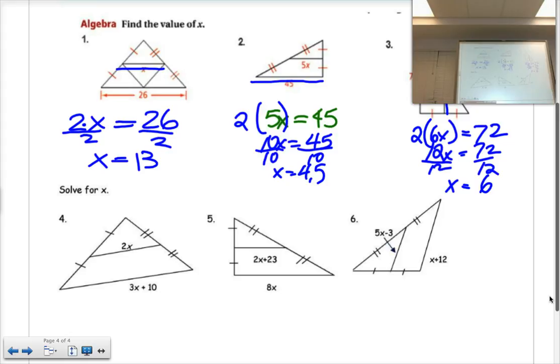All right? Who wants to talk to me that hasn't talked with me yet? Okay, so what's my equation going to be then? Ali? 5x minus 3, in parentheses, times 2, equals 3x plus 12.